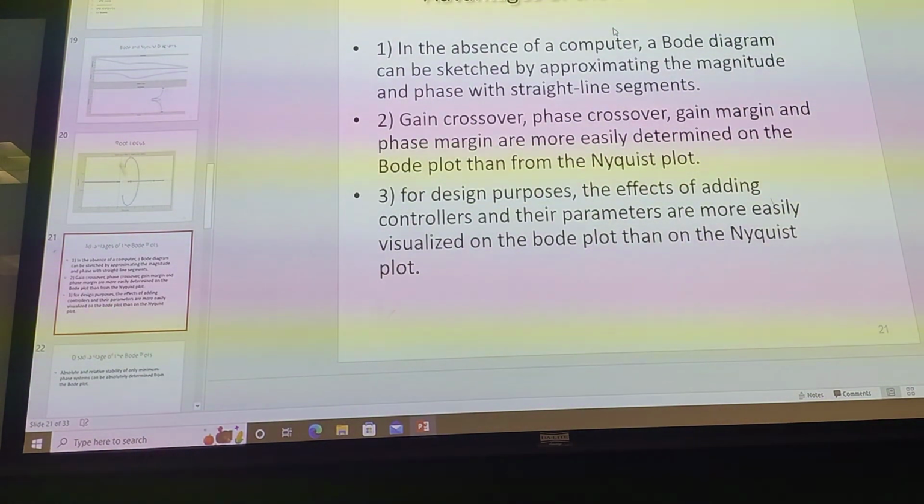What are the advantages? Then you can say, okay, then why use Bode plots? Bode plots have several advantages, even there. It is easy to work with. You can see better with Bode the gain margin and the phase margin, better than with Nyquist, and of course on the root locus that cannot be seen.